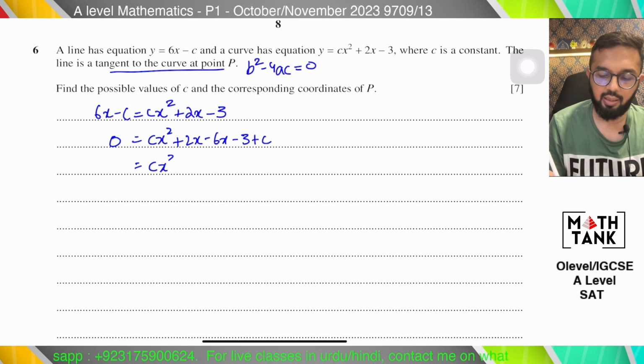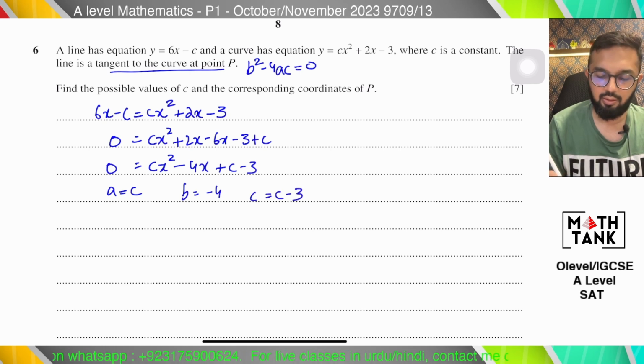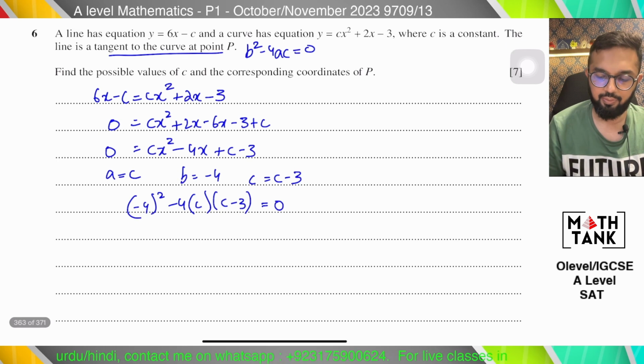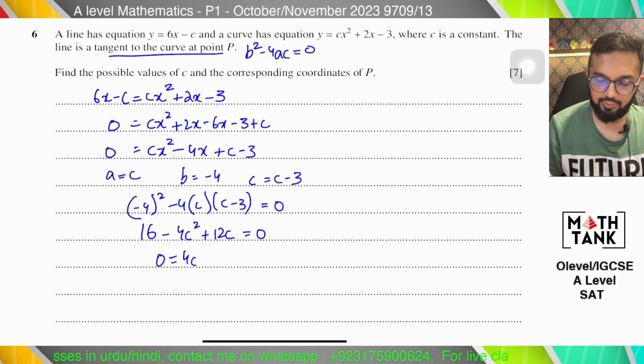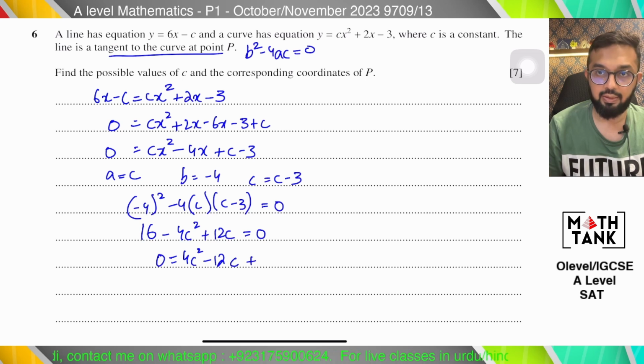So cx squared minus 4x plus c minus 3. a is c, b is minus 4, c is c minus 3. b squared minus 4ac equals 0. So I get 4c squared minus 12c plus 16 equals 0.